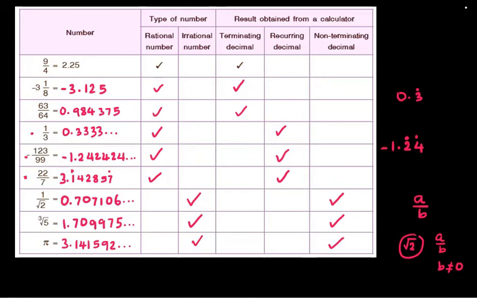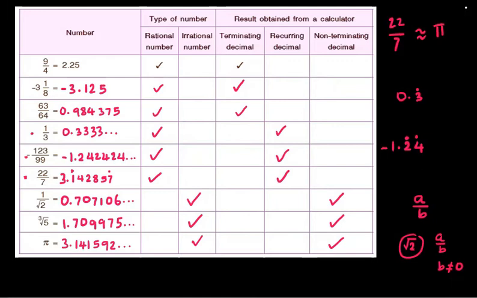I know someone may ask the question: we know that pi is equal to 22 out of 7, so why is 22 out of 7 a rational number and pi an irrational number? Note that 22 out of 7 is not equal to pi, but approximately equal to pi.